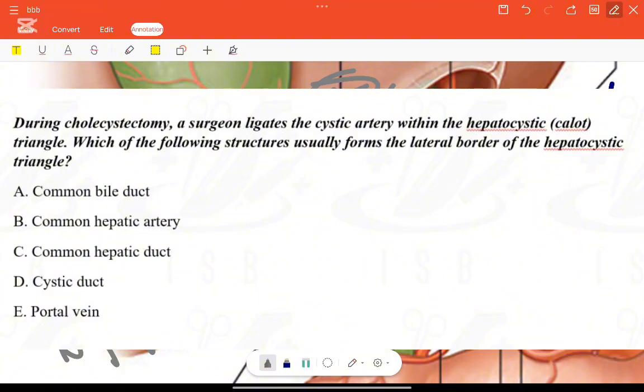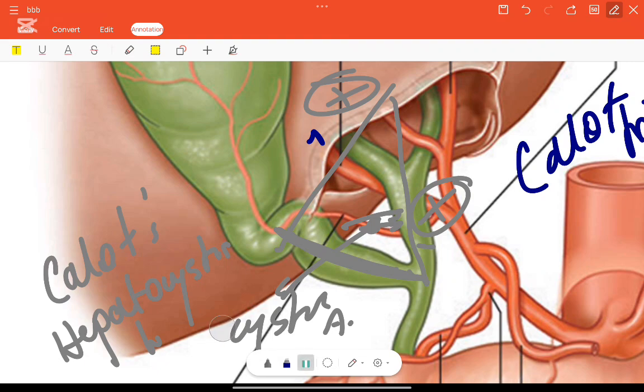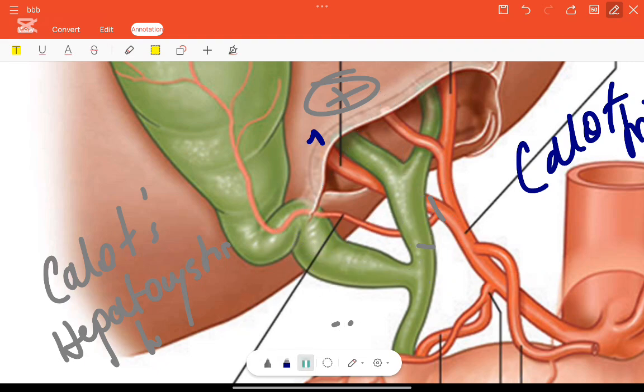Which of the following structures usually forms the lateral border of the hepatocystic triangle? Lateral border, infralateral, is cystic duct. That's lateral and below. So in the exam they can tell you inferior border or lateral border. So it's cystic duct, option D, right? Easy marks, free marks, basically.